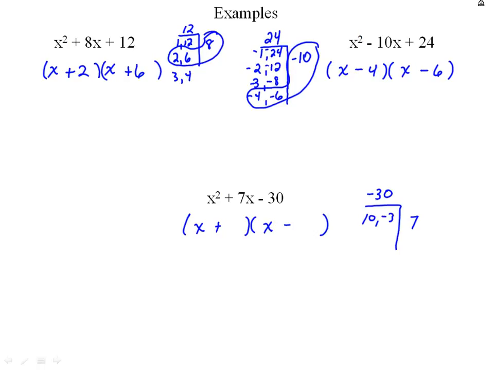So you have positive 10 and negative 3, or negative 10 and positive 3. And it does, that's what I was saying a while ago, it does matter about the signs. Because the second set is going to give me negative 7, and I don't need a negative 7, I need a positive 7. So it has to be this pair. So the 10 has to be positive and the 3 has to be negative. You don't have a choice. Okay?